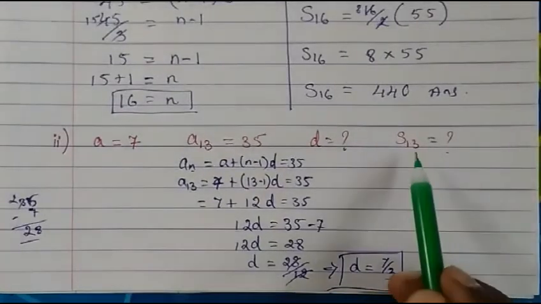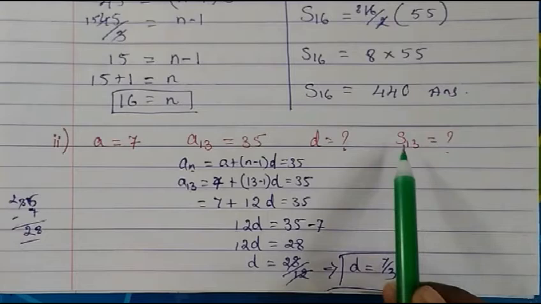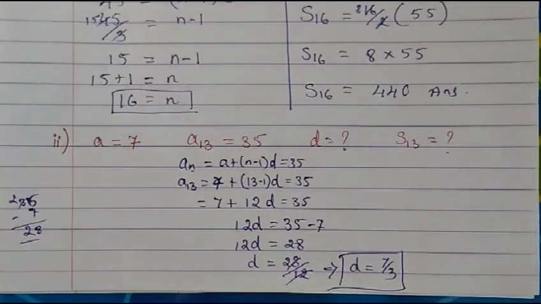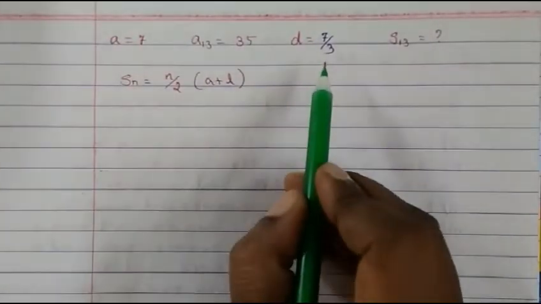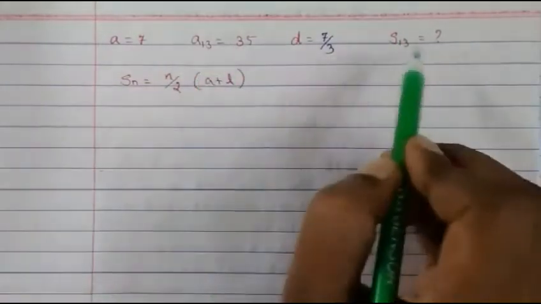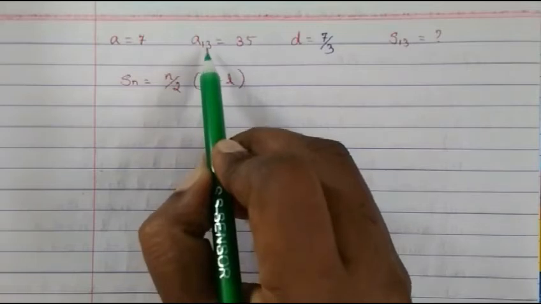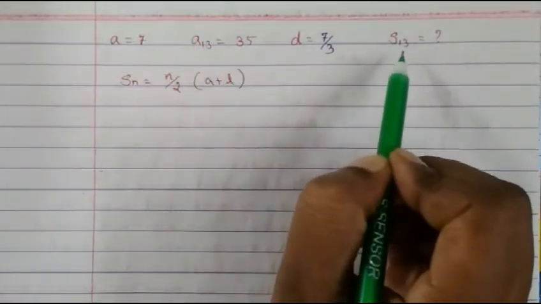So now we will find out S13. What is the meaning of this? Sum of 13 terms. We found the d value, that is 7 upon 3. Now we have to find S13. This is the 13th term, where the value of A13 is 35, but S13 is the sum of 13 terms.